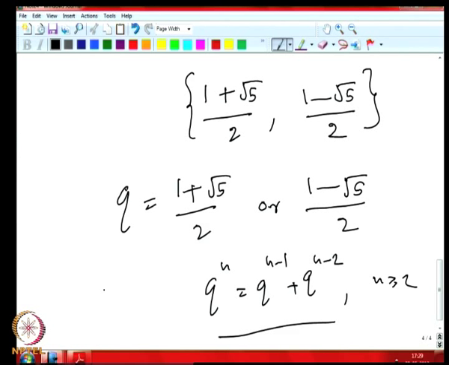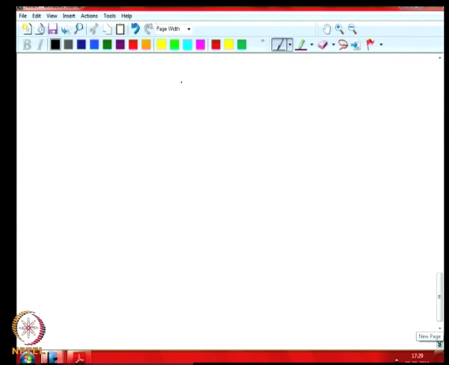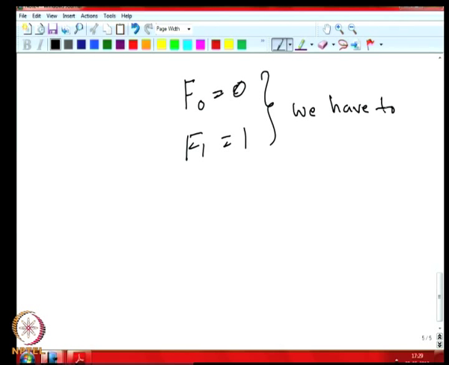But the point here is that we have only considered the recurrence relation. We have not considered, for instance, the two initial values, namely f_0 is equal to 0 and f_1 equal to 1, right. We have to make sure that this also works, make sure that this is consistent.